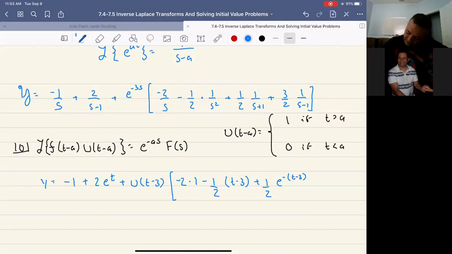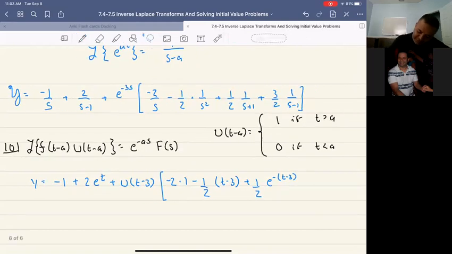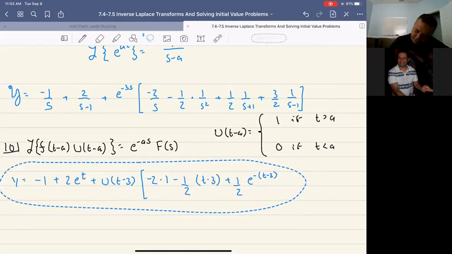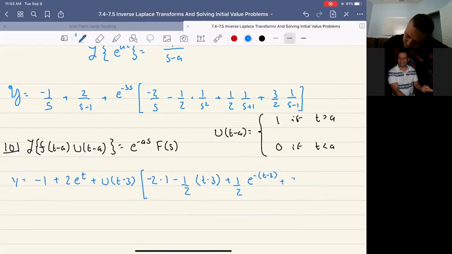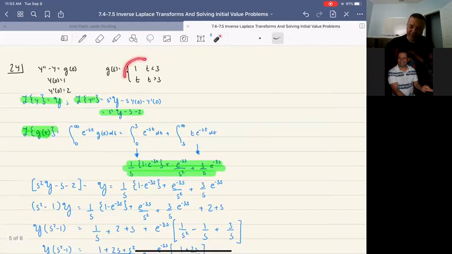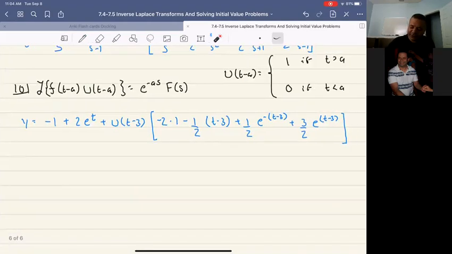Plus three halves, this is going to be e to the, instead of t, t minus 3. The way to understand what's going on is that everything's just getting shifted by the fact that this has a jump at t equals 3. That's where the action should happen.